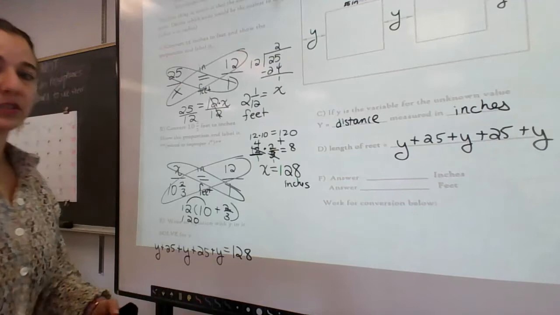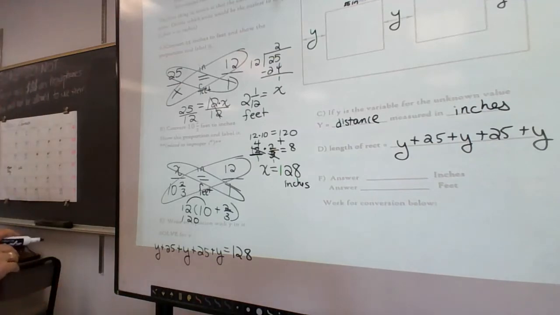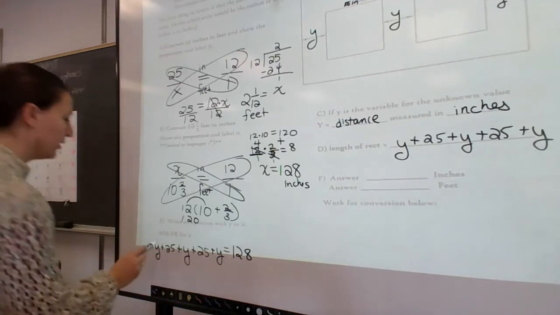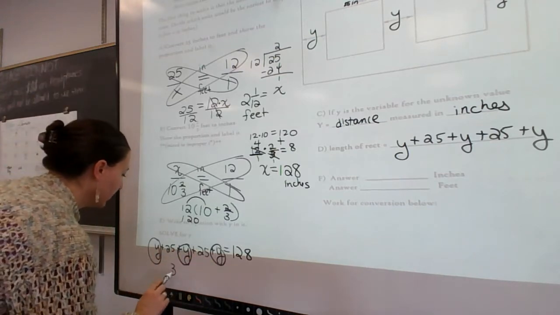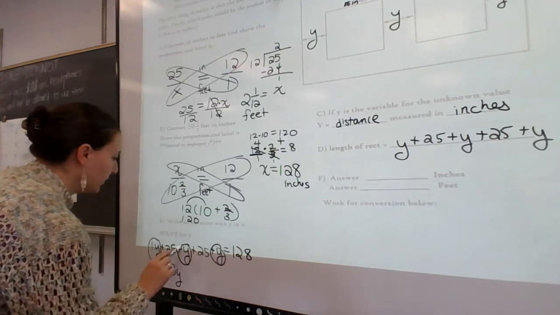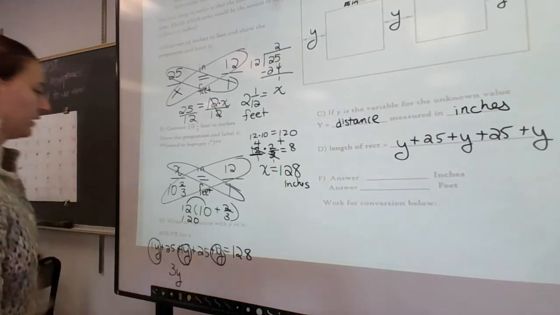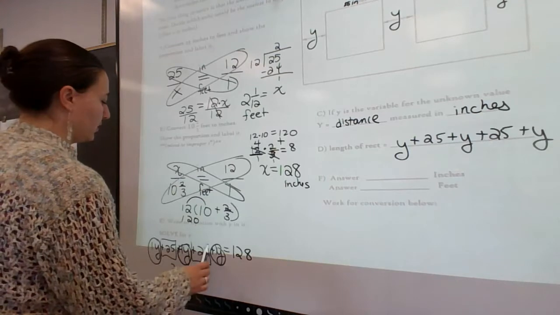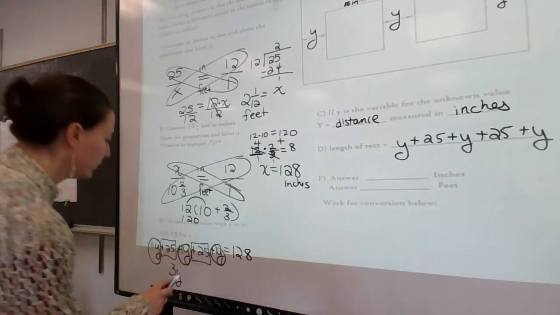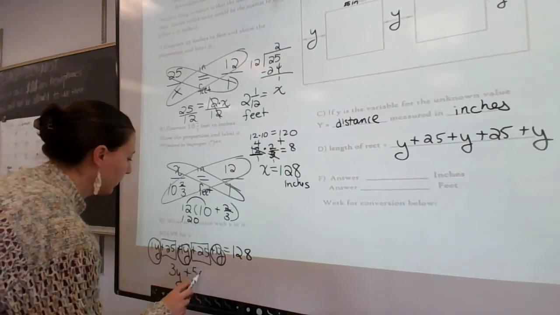Can we write that simpler? You best believe I could simplify that. How many y's do we have? 1 y, 2 y's, 3 y's. 1 plus 1 plus 1 is 3. And then I got these, you notice I'm using a different shape. Then I got two 25's, which makes 50. Oh, that's way simpler.